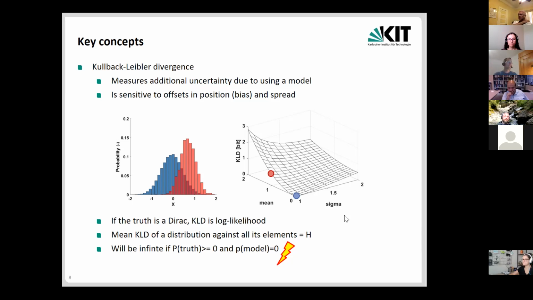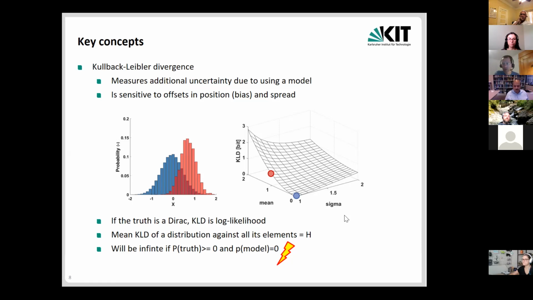Okay, can I ask my other question? So I notice your plot varies the mean from 0 to 2 and sigma from 1 to 2. Have you played this out further? Because I checked with the Jensen-Shannon divergence and it saturates, right? So does the KL divergence also become a constant if the two distributions are far enough apart?